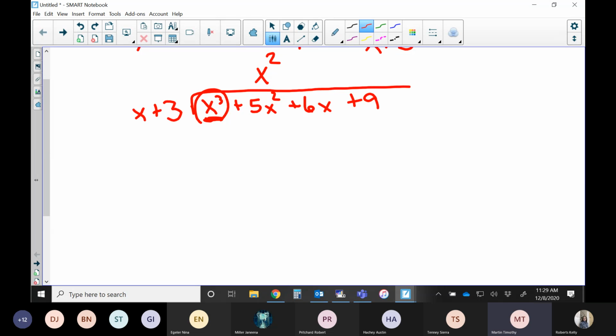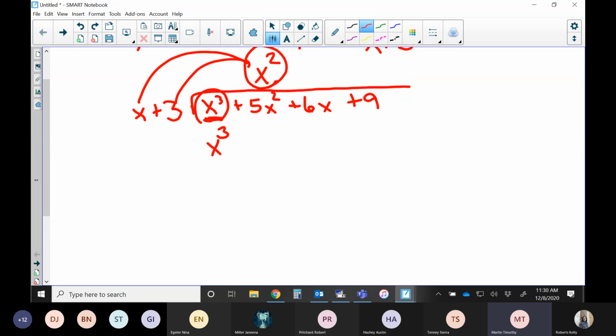Now, what I do with this is I actually have to take this and then multiply it by this and that. What is x squared times x? X cubed. Notice where I put that, in the place value that it belonged to.